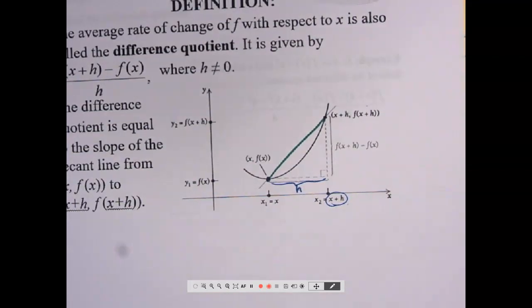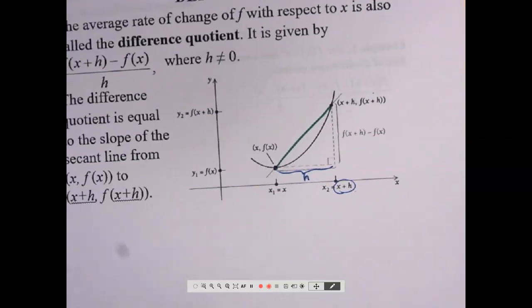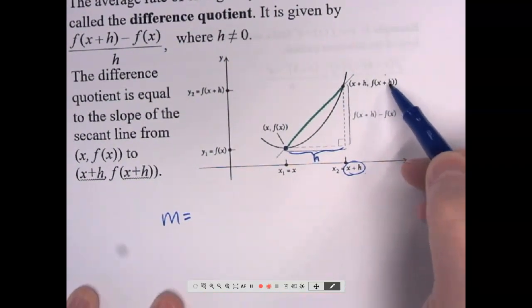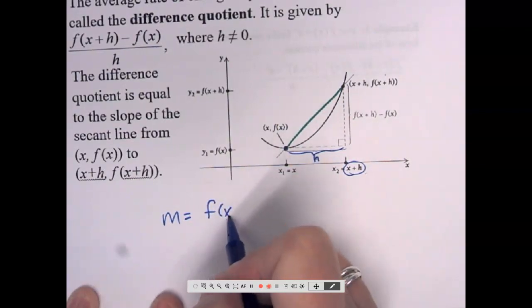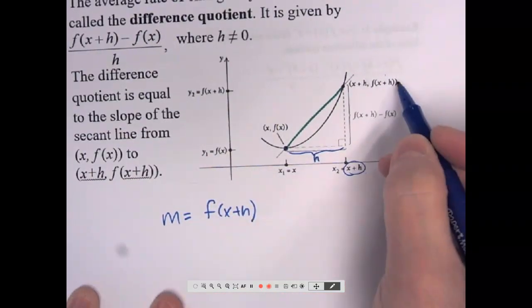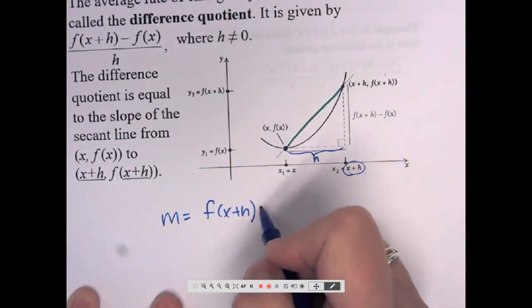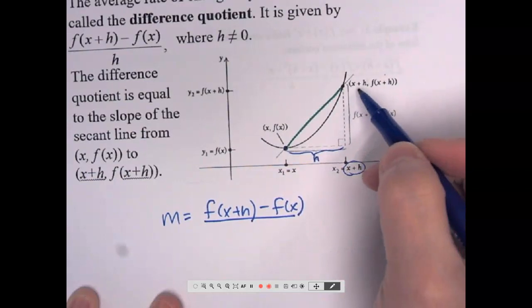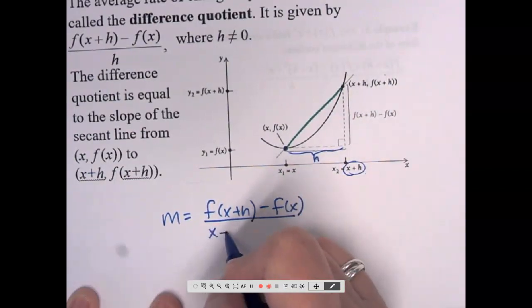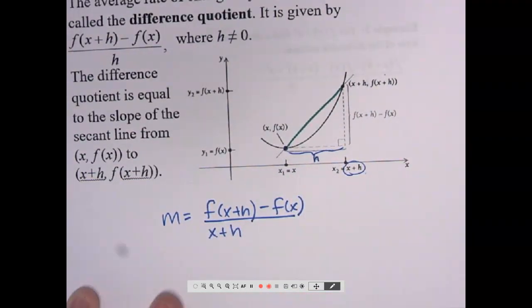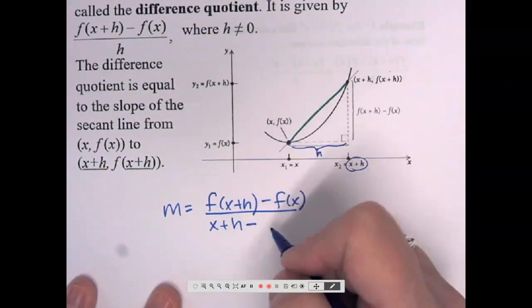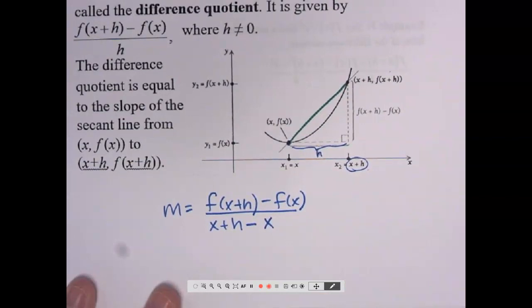Okay, what's our slope formula? y2 minus y1 over x2 minus x1. So I'm going to set up my slope down here. y2 is f of x plus h minus y1 is f of x over x2 is x plus this weird little h amount that I went down the axis, minus x1 is just x.